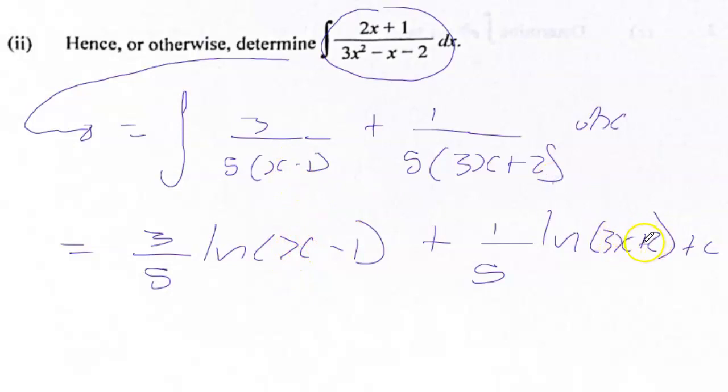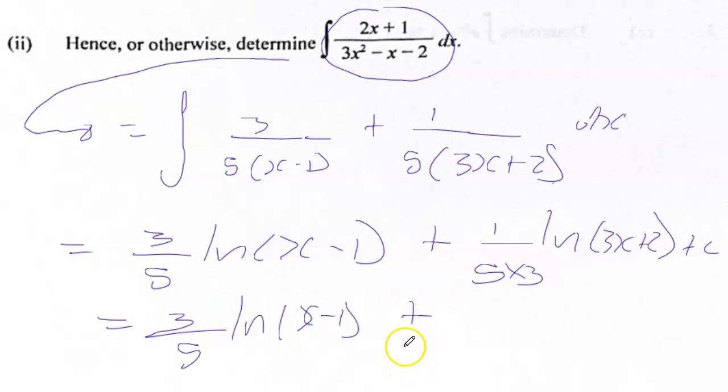Differentiate log of 3x plus 2, that's 3 over 3x plus 2. So we'll have a 3 in the numerator which we need to get rid of, so we divide this by 3. So it's actually 3/5 log of x minus 1 plus 1 over 15 log of 3x plus 2, plus C.